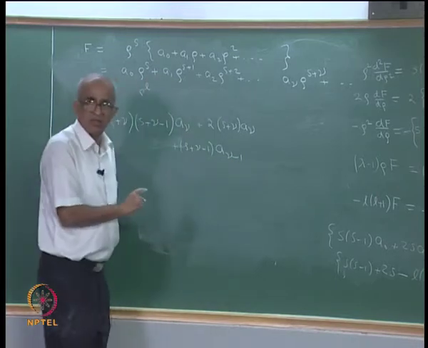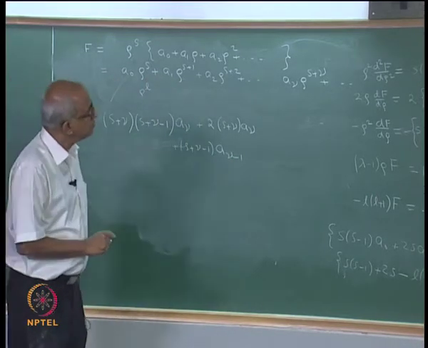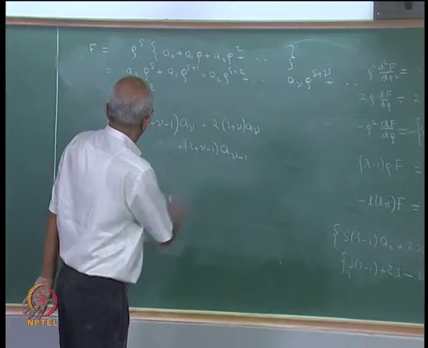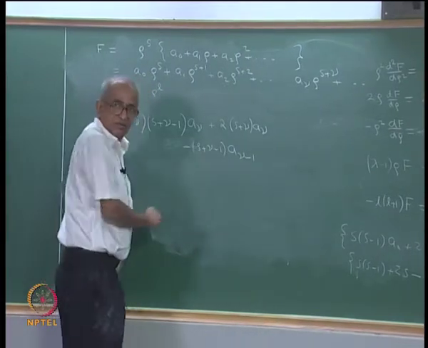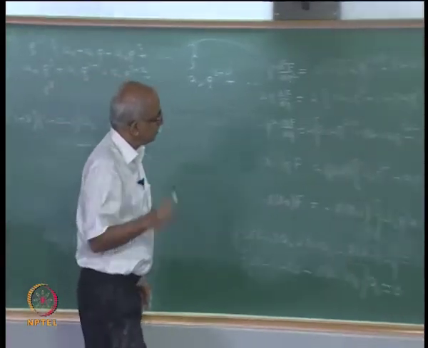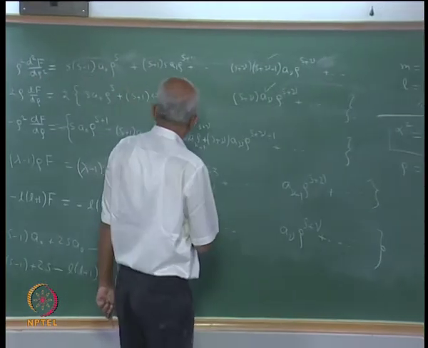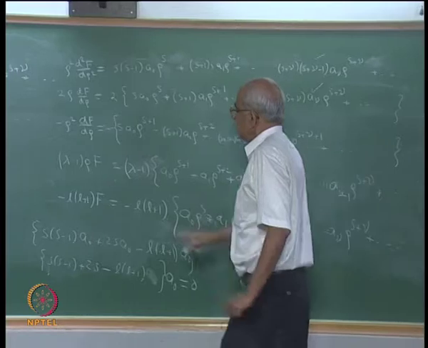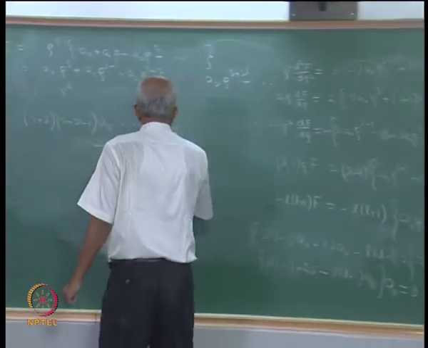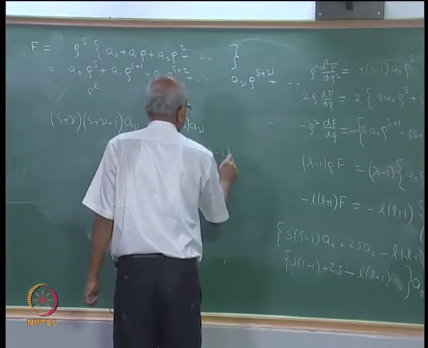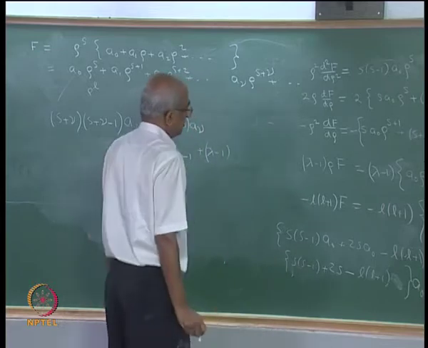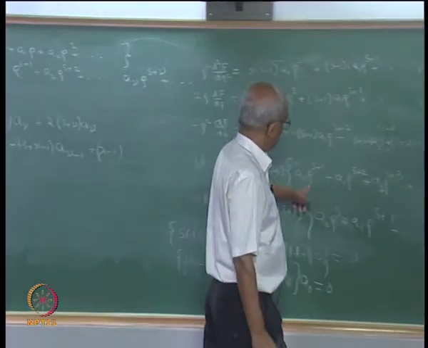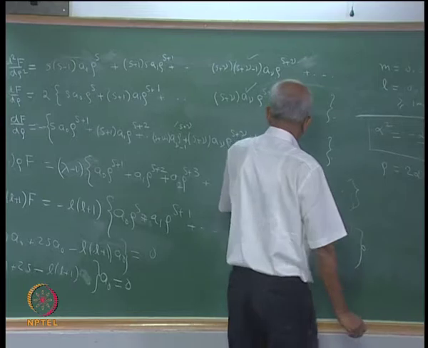Is that okay? This one is minus, correct? Thank you. Otherwise I would have been in difficulty. This is a minus sign. Then from here I am going to get plus lambda minus 1. What is the general term? A nu minus 1.